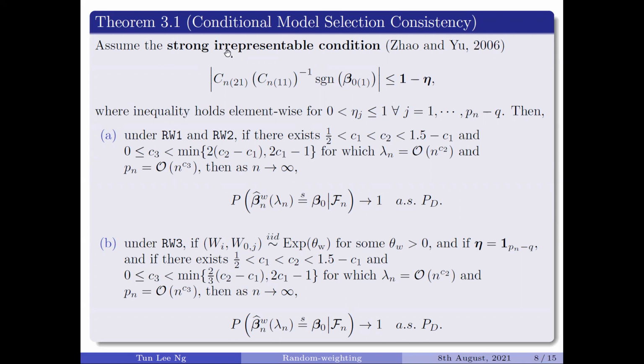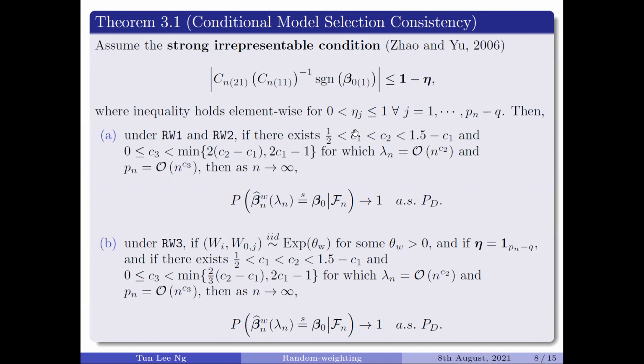Specifically, if we assume the strong irrepresentable condition as propagated by Zhao and Yu in 2006, JMLR, this condition here basically dictates that the irrelevant variables cannot be too correlated with the relevant variables.